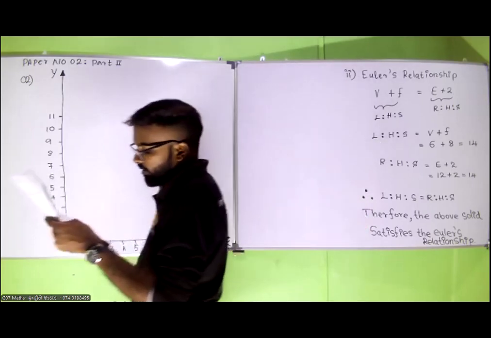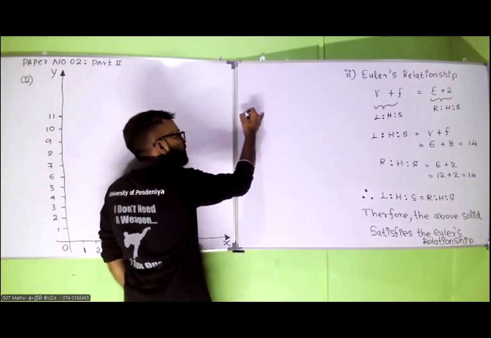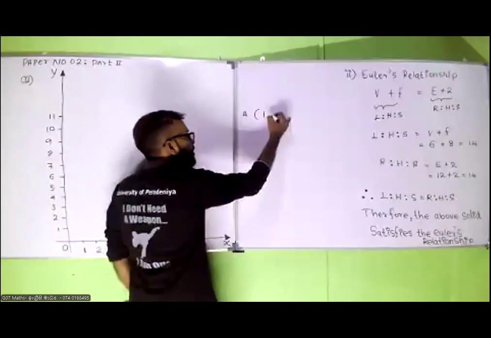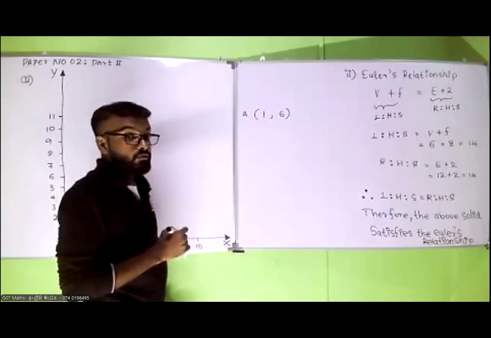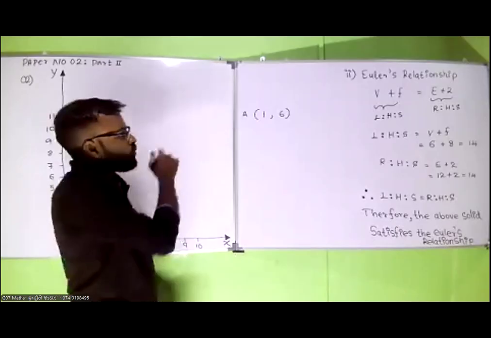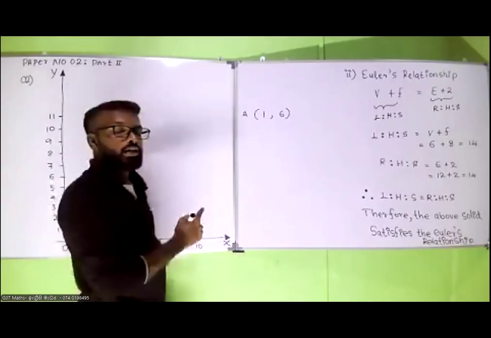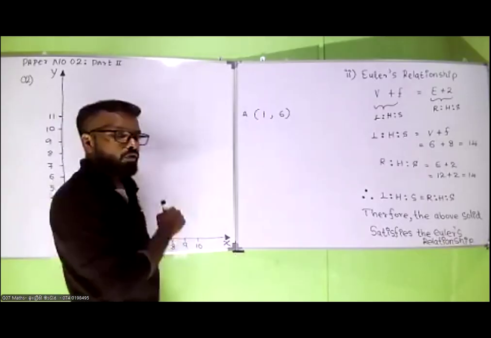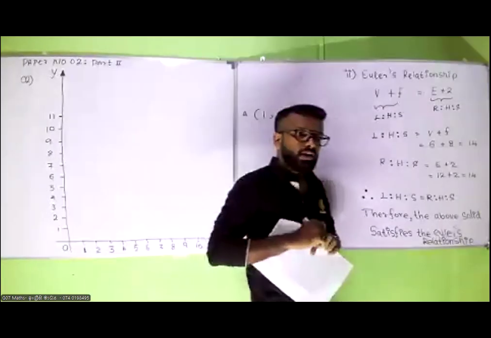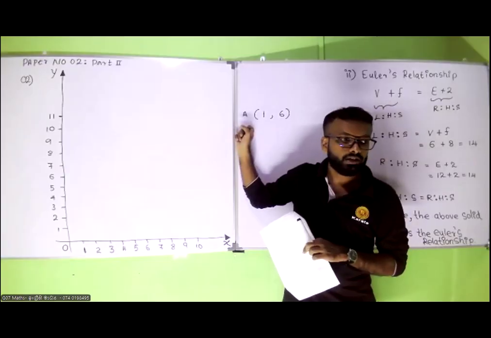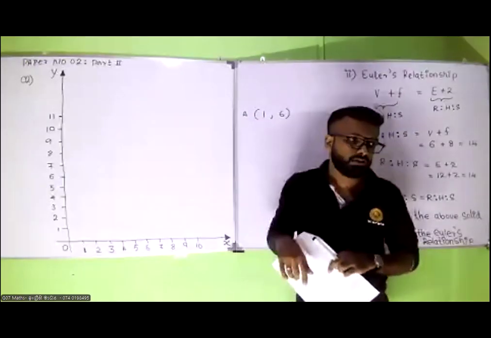A (1, 6). What is the meaning of that? If you cannot remember this one, point A (1, 6): what is the x coordinate? What is the y coordinate? Can anyone tell me what is the x coordinate of this point? And what is the y coordinate of this point?